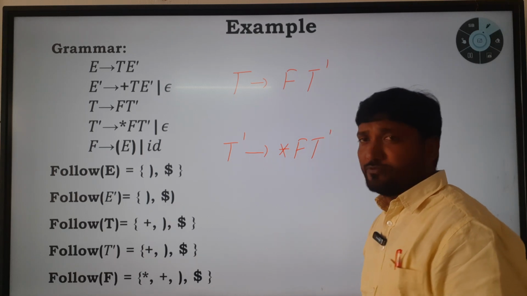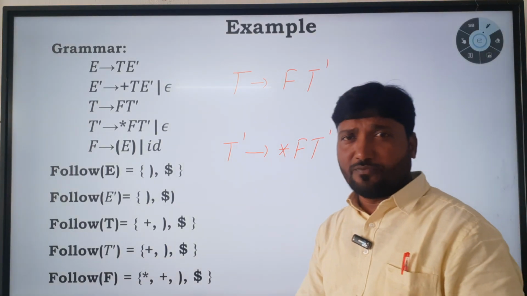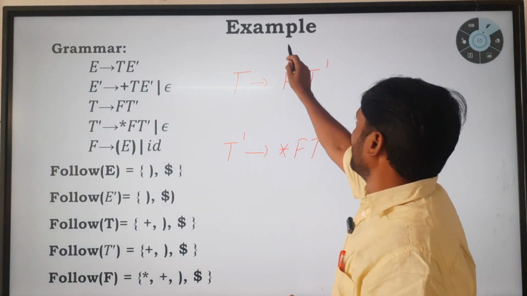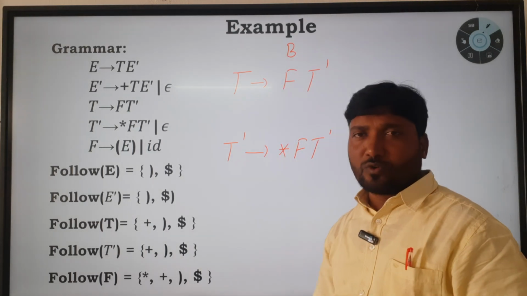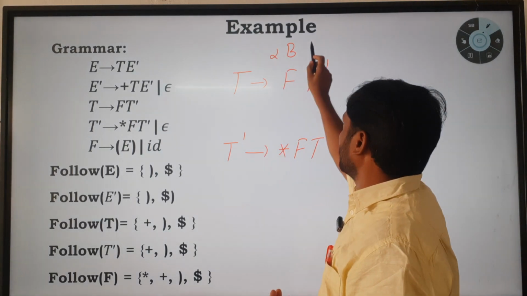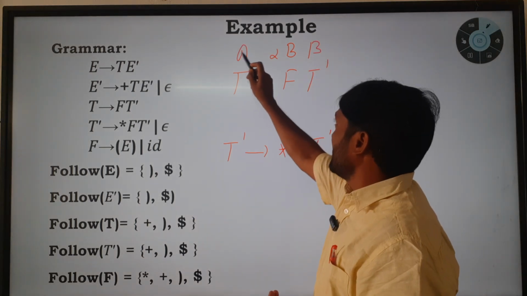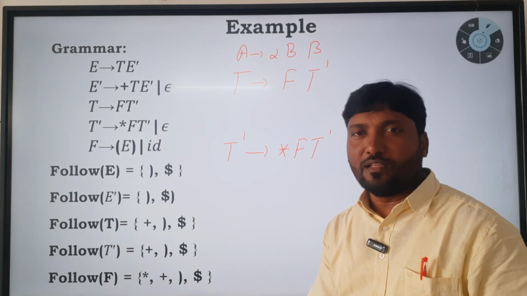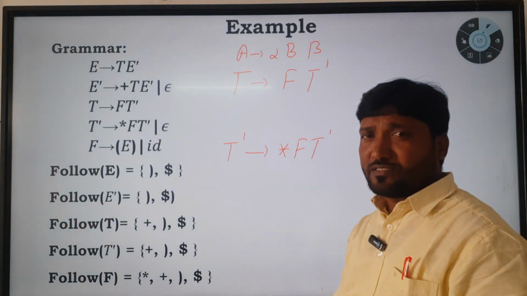These are the two productions we use to compute the follow function for F. Now, this becomes a capital B in the particular rule, this is the alpha, this is the beta, and this is A derives alpha B beta. That means we are going to apply the second rule. So, what is the second rule?